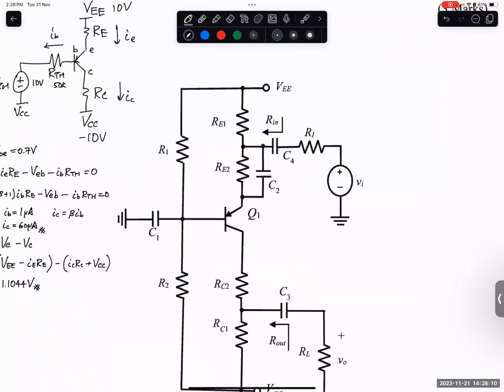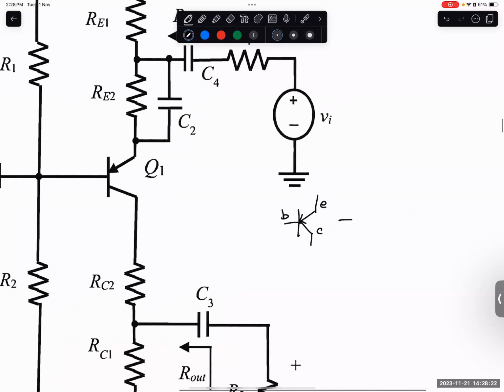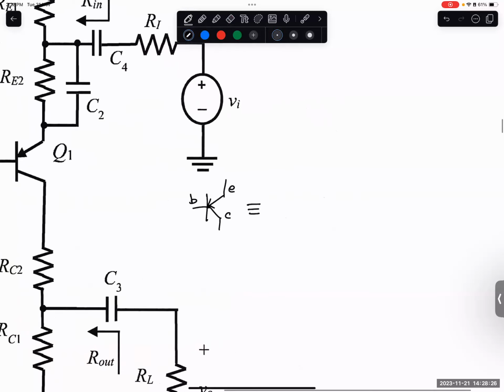Remember our BJT diagram. This is base, this is emitter, this is collector, right? We need to draw the equivalent circuit. So this is equivalent to what?